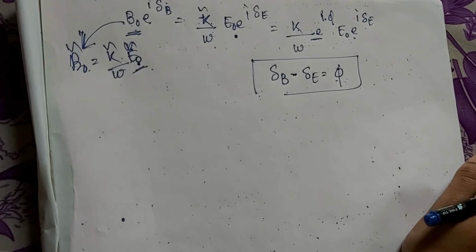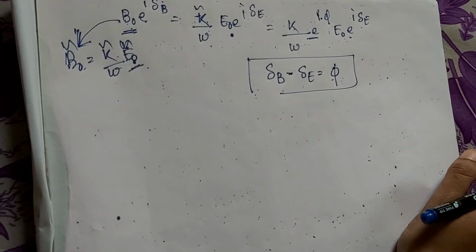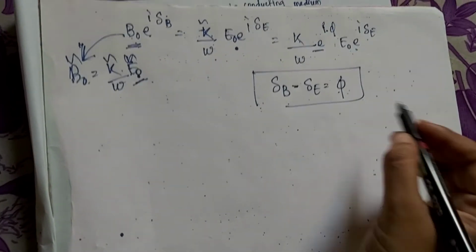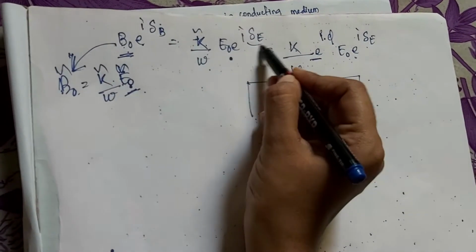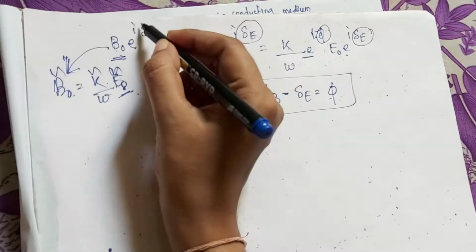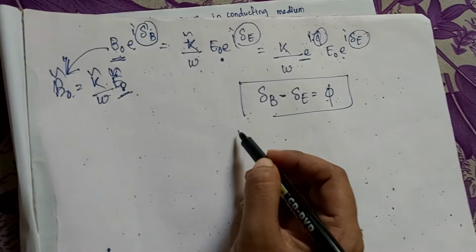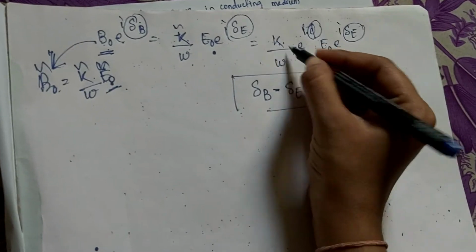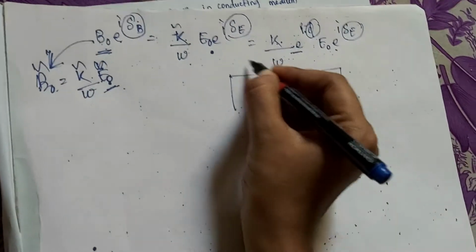Okay, so what does that mean? If I just see this part, here is phi, here is delta E, and here is delta B. Again, E naught by k, I can simplify this.